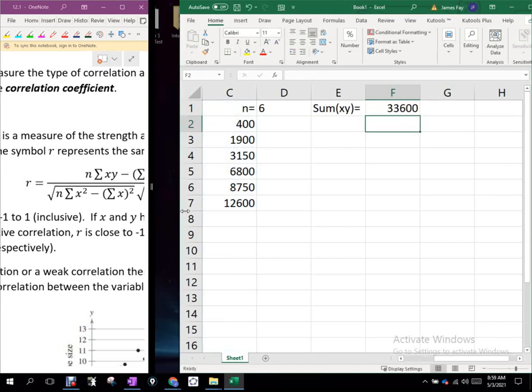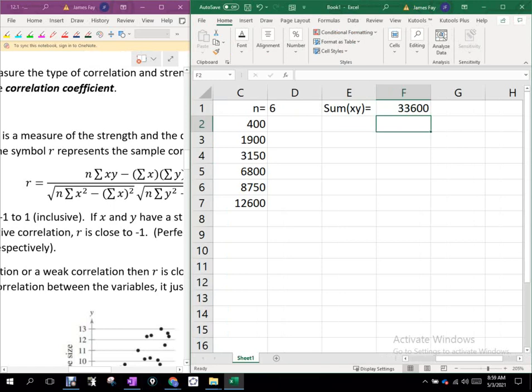We need the sum of x's. So this one here, I'm going to say sum of x's.